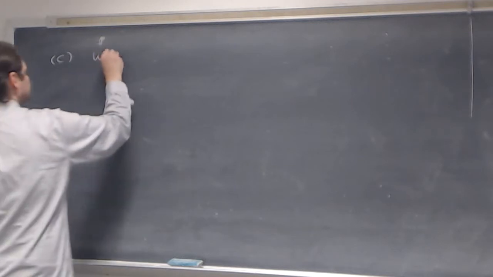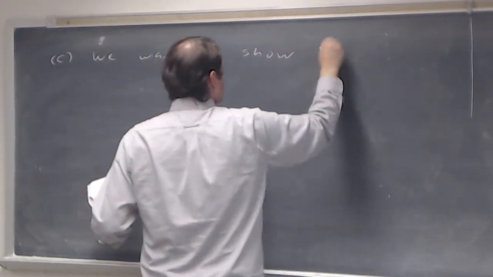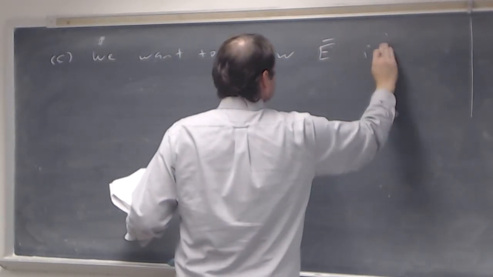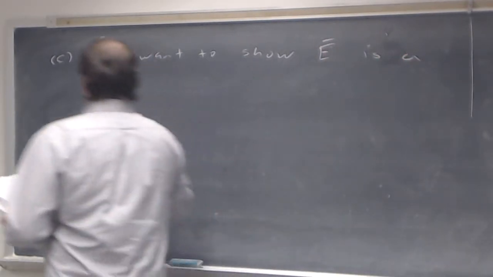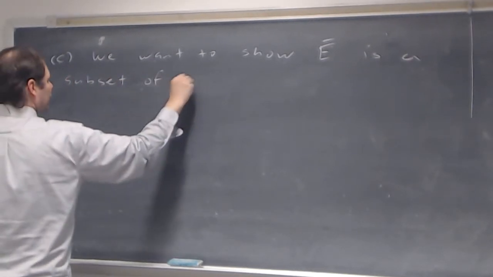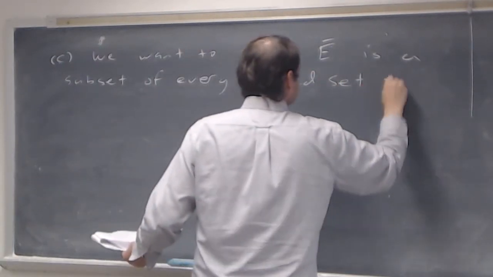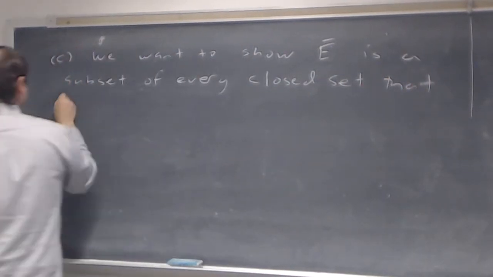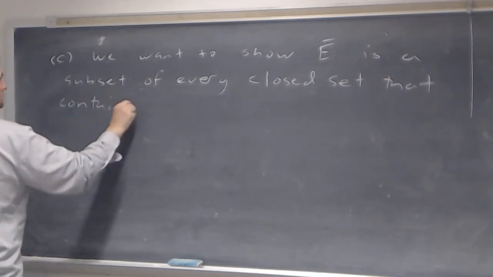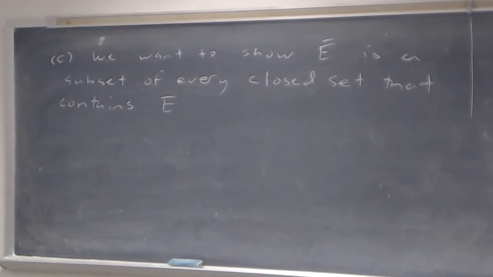For part C, we want to show that E closure is a subset of every closed set that contains E. That's what we want to do.